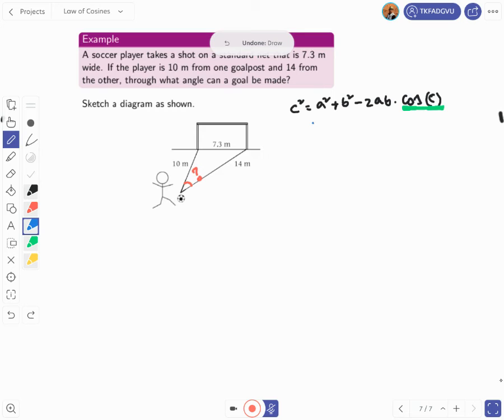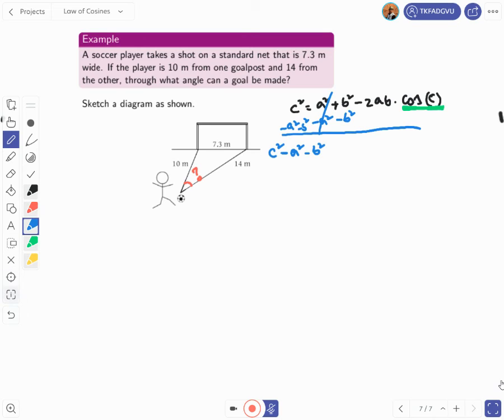So let me take away a square, so I get negative a square. Even I can take away b square, so negative b square on the other side plus c square.